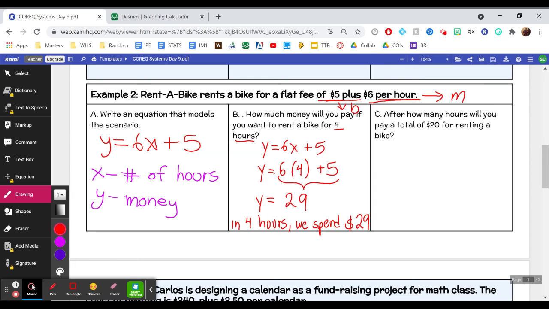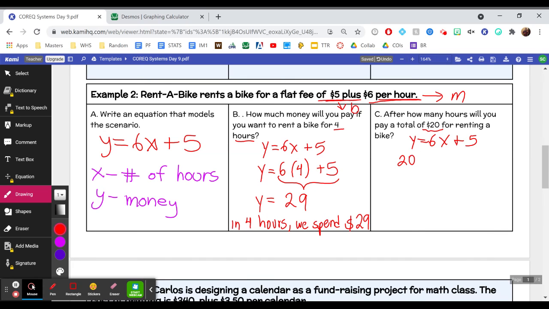Okay, so now after how many hours will you pay $20 for renting the bike? So they're giving us the money, which is the y. So on my equation, y equals 6x plus 5, the 20 is going to go on y.